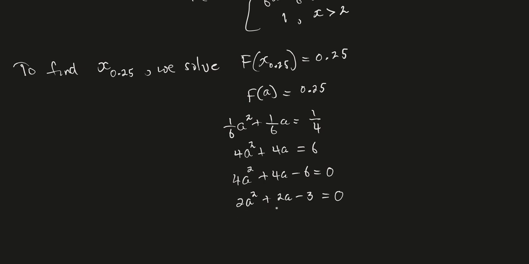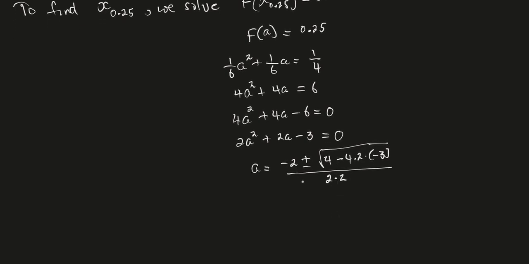So I'm going to go ahead and use my quadratic formula. That is negative b plus or minus the square root of b squared minus 4 times a times c, all over 2a, so 2 times 2. We have -2 plus or minus, under the square root I have 4 plus 24, so 28.